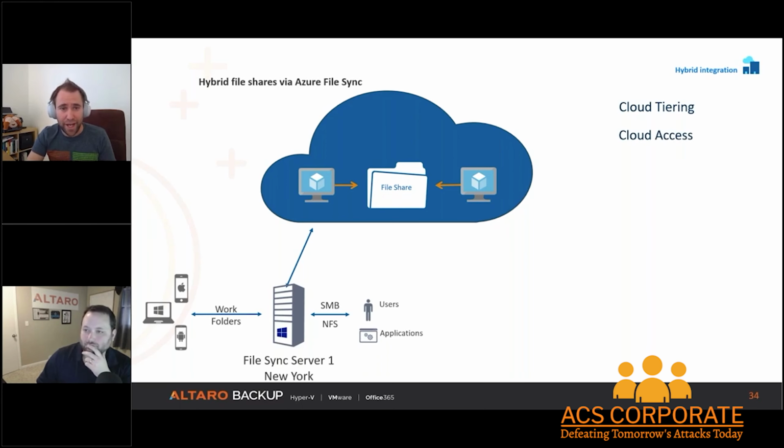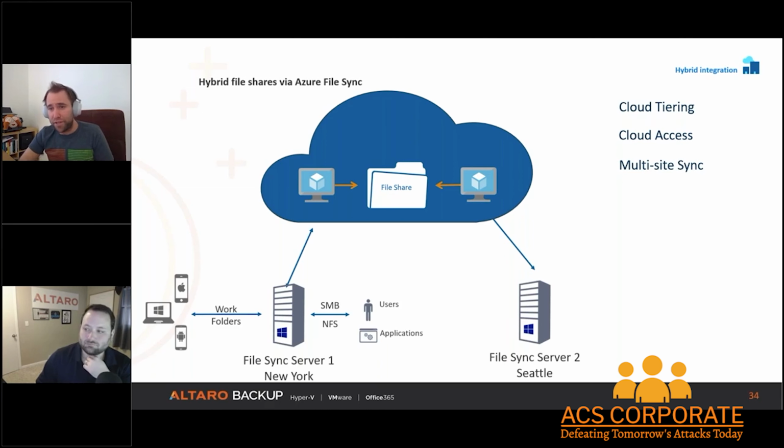The other thing is cloud access. Whenever, for example, a server would go down, you can still access the file in the cloud using a web frontend, or by mapping that file share to your servers, systems or workstations. And then what you also get, which is super fancy, is multi-site sync.